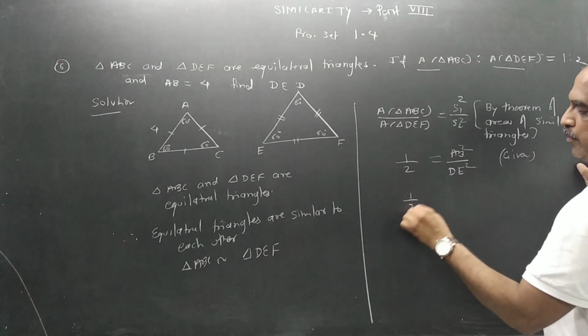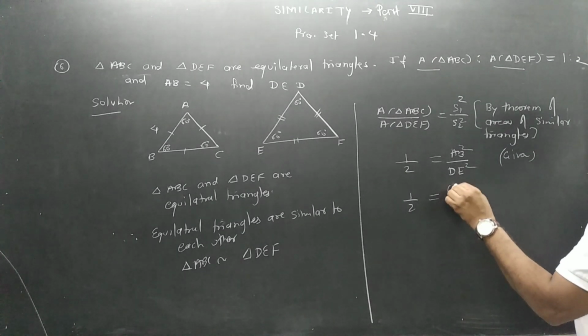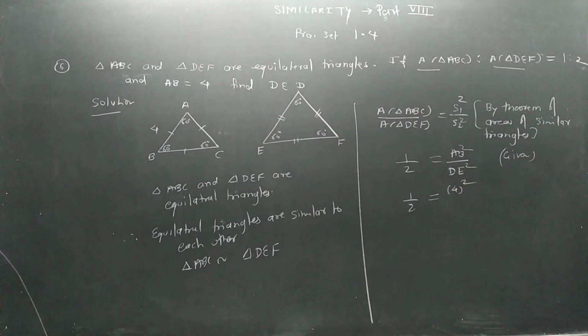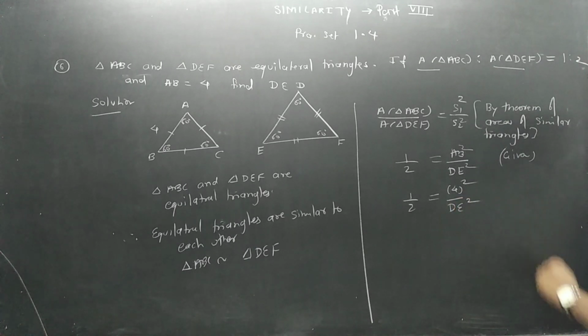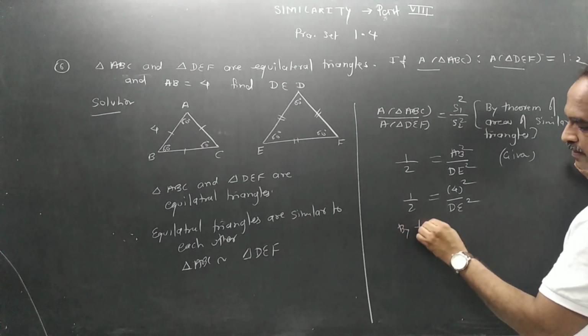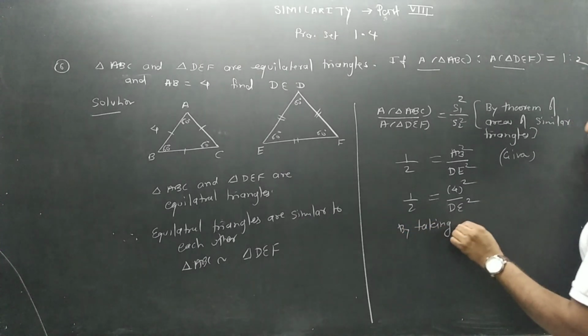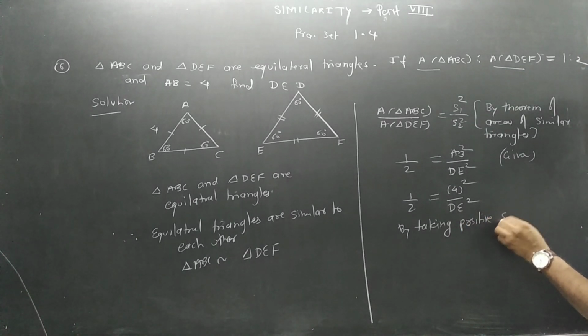So, 1 upon 2 is equal to AB square, which is 4 square, and DE square I don't know. So, what will I write? By taking positive square root.